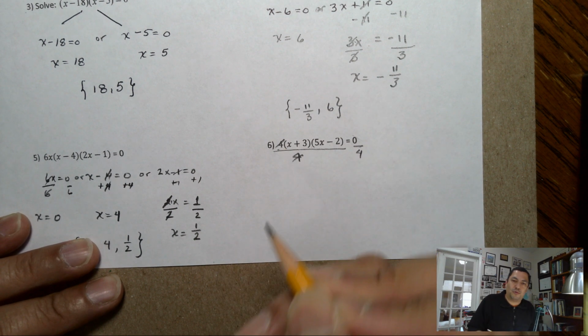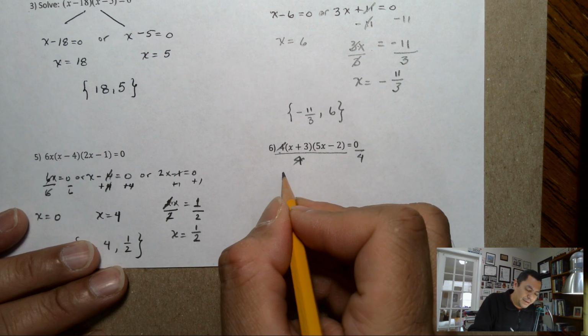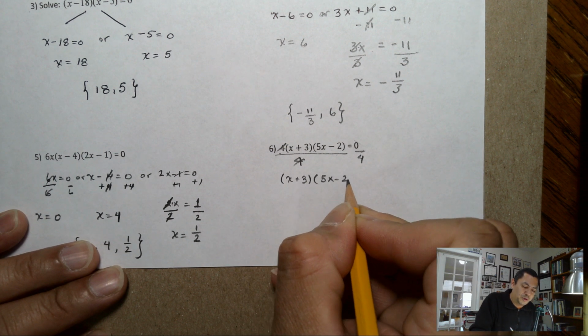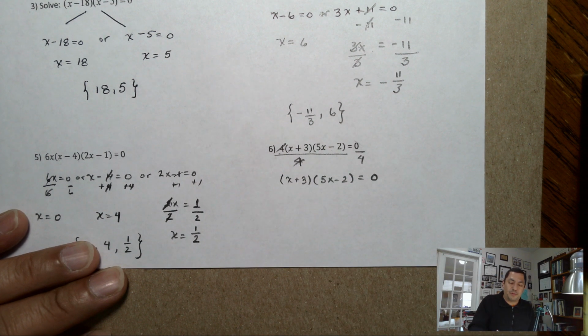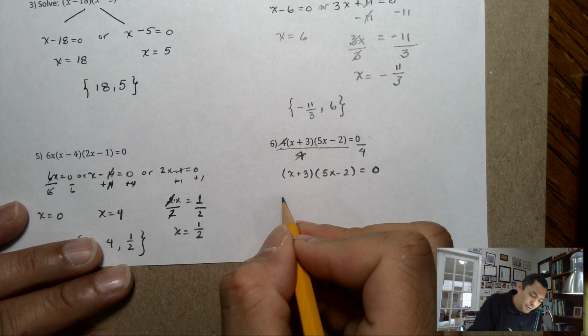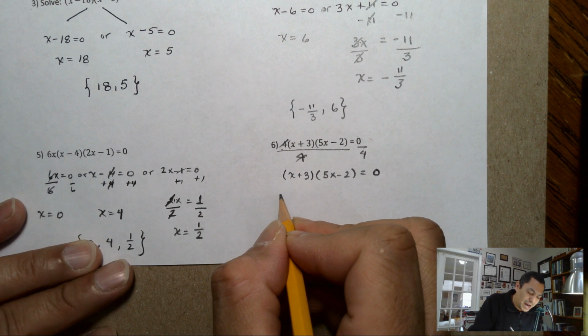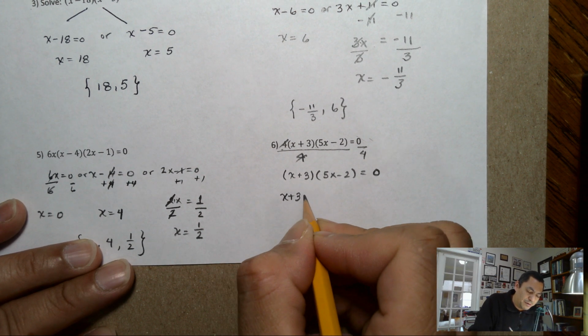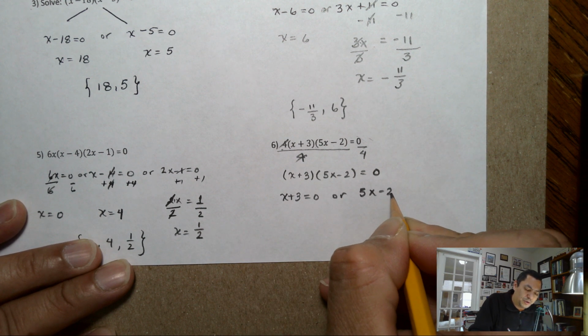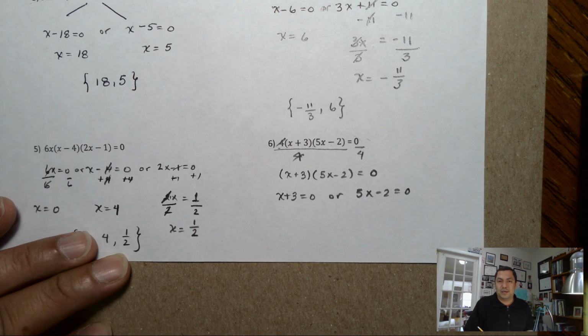This 4 goes away. So I have (x plus 3)(5x minus 2) equals 0, because 0 divided by 4 is 0. Now applying the zero product property, I have x plus 3 equals 0 or 5x minus 2 equals 0.